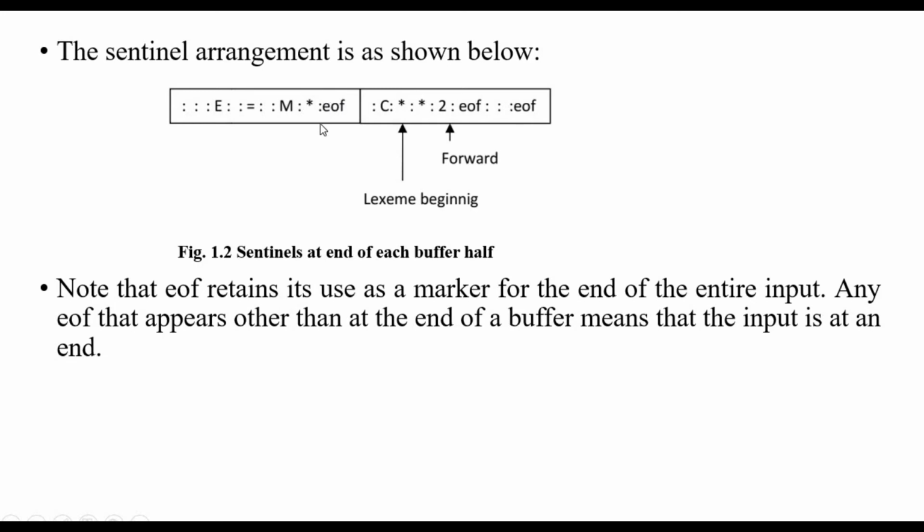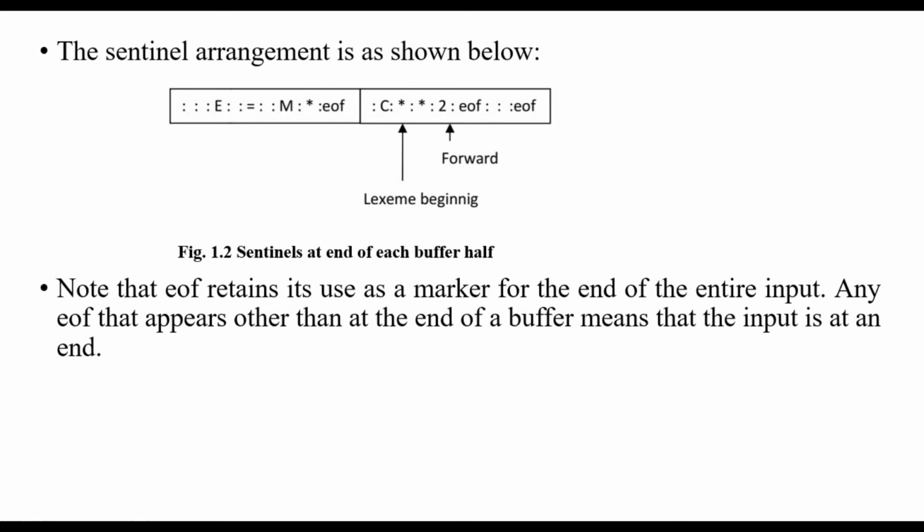So whenever the forward pointer is at end of file, then we know that this is the end of the first buffer. So now we have to load the second buffer. Before the end of the buffer, if your input is over, then also put end of file.